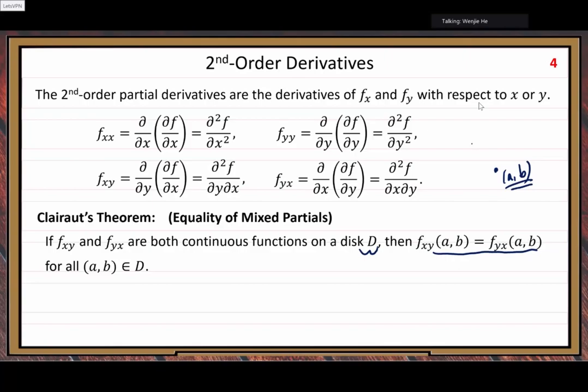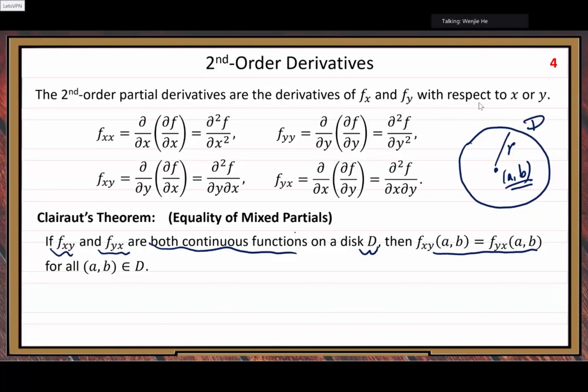Then we draw a disk D around the center with a certain radius R. In this disk area, these two mixed partial derivatives are both continuous functions. That's the condition.